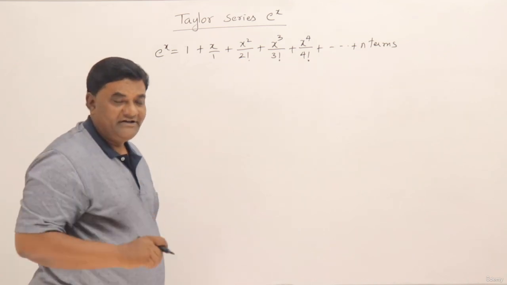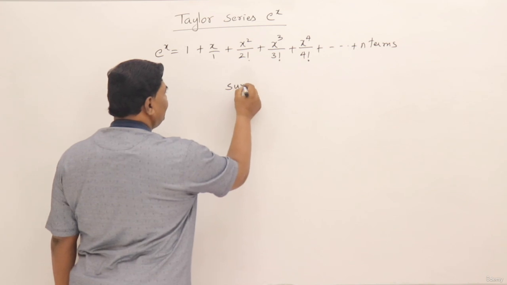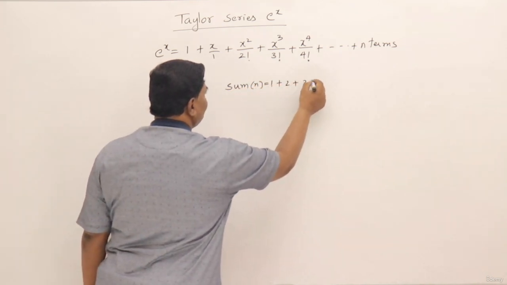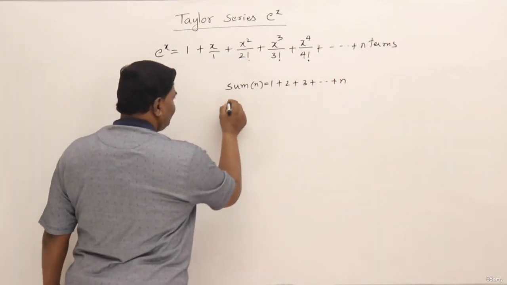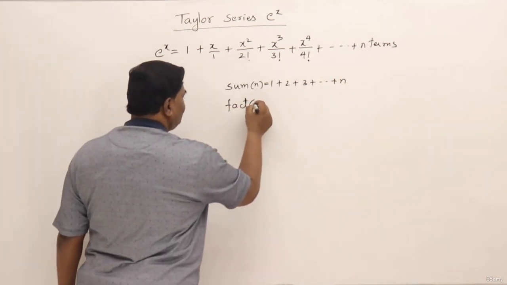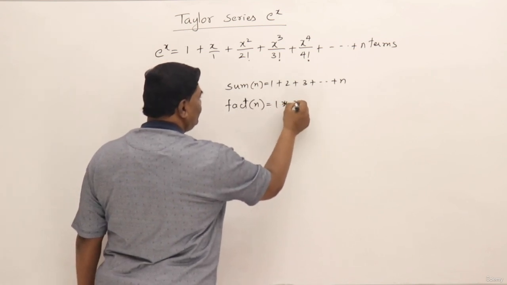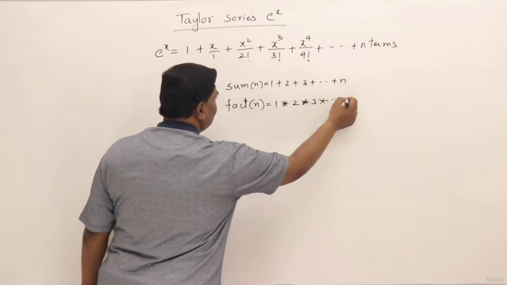In our previous videos we have already written recursive functions for the sum of first n natural numbers, that is 1, 2, 3, going on to n. We have also written a function for finding the factorial of n, that is 1 into 2 into 3, going on to n.